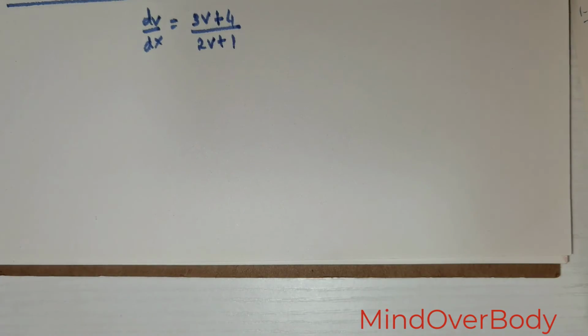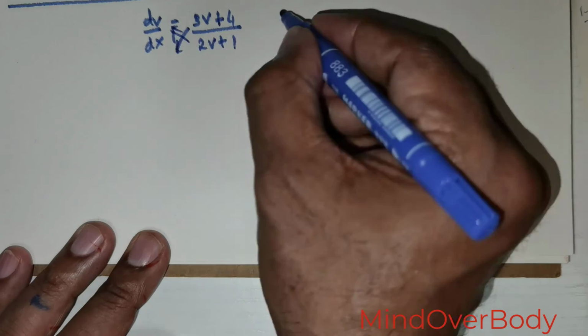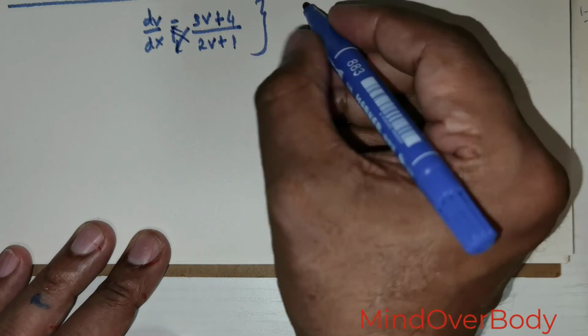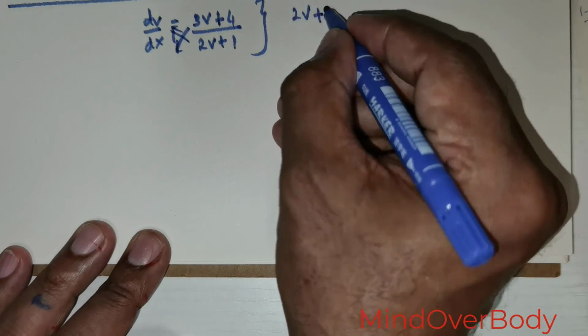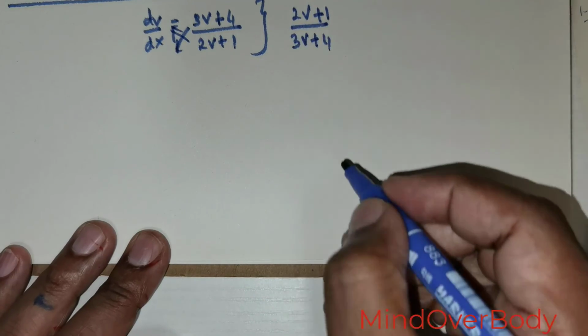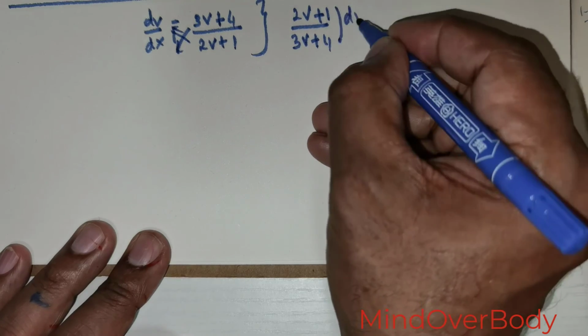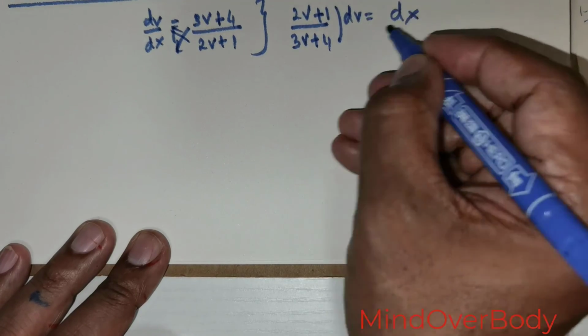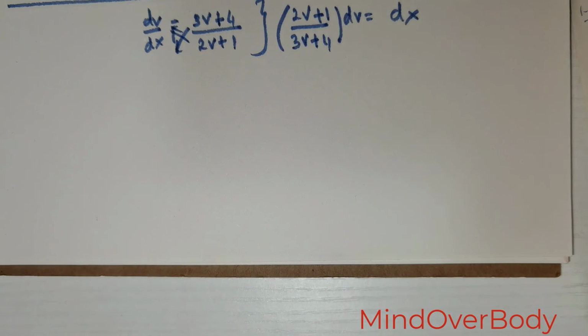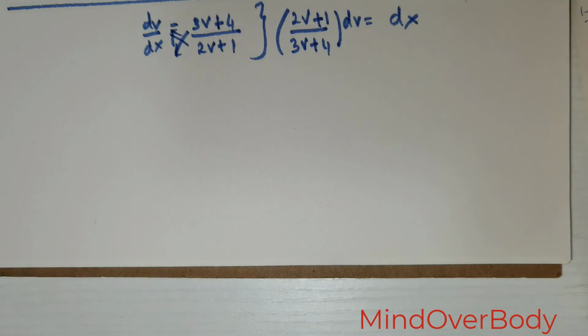So now I would like to use variable separable. That would mean I get (2v + 1)/(3v + 4) on one side times dv is equal to dx on the other side. Now the degree of the numerator and the denominator are one and the same, so we will have to do some manipulation in this case.